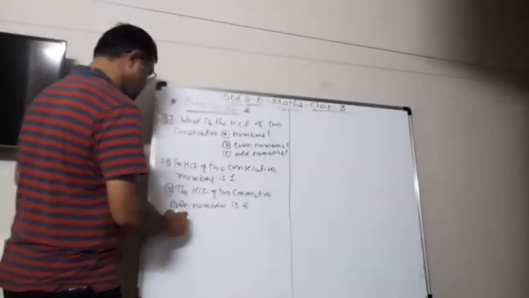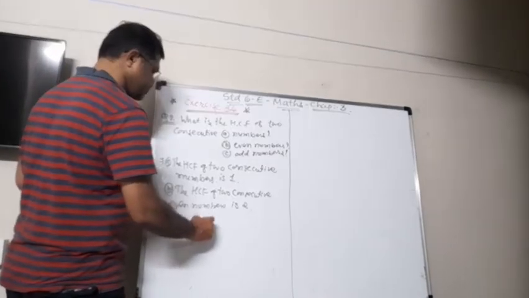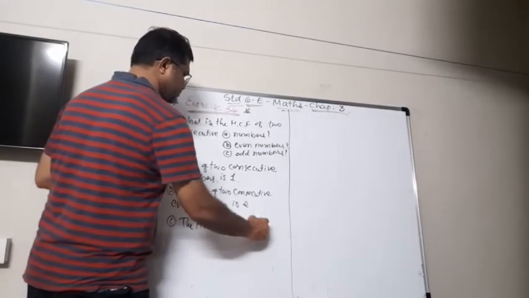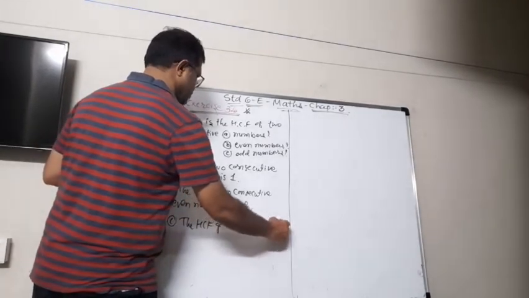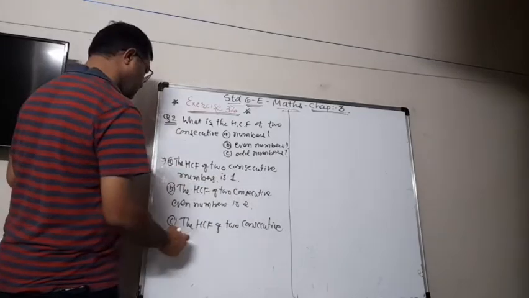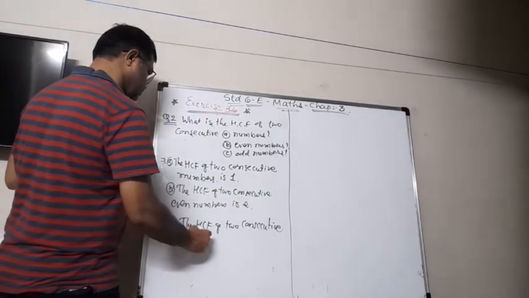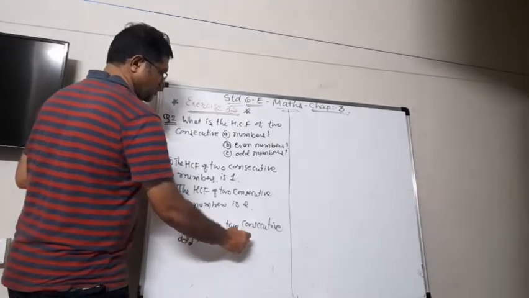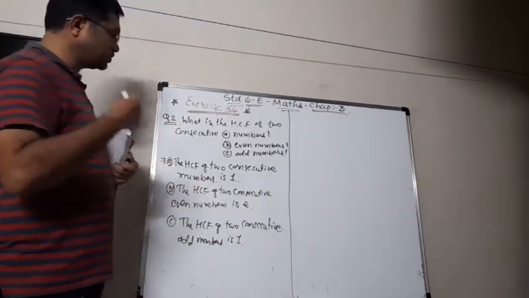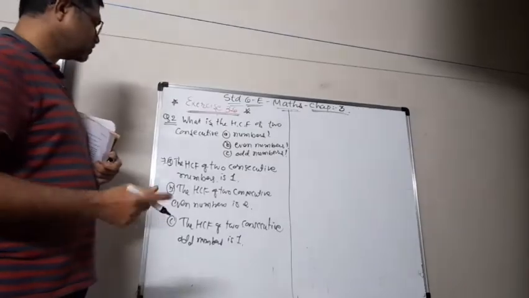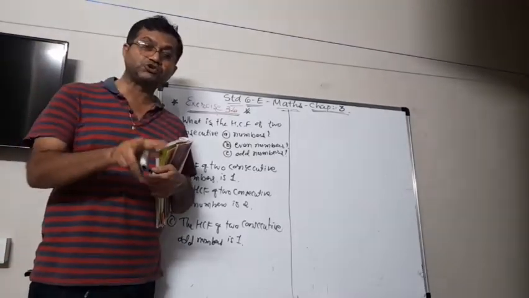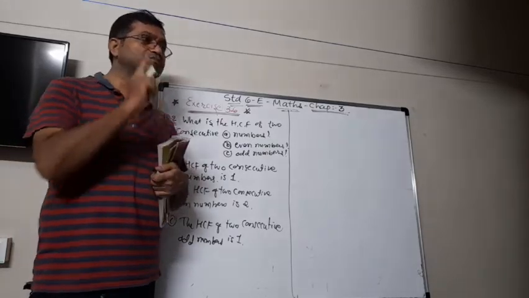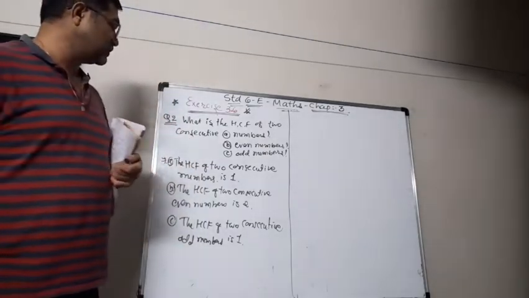So the third one, the HCF of 2 consecutive odd numbers, is 1. So the HCF of 2 consecutive numbers is 1, consecutive even numbers will be 2, and the HCF of 2 consecutive odd numbers is again 1.